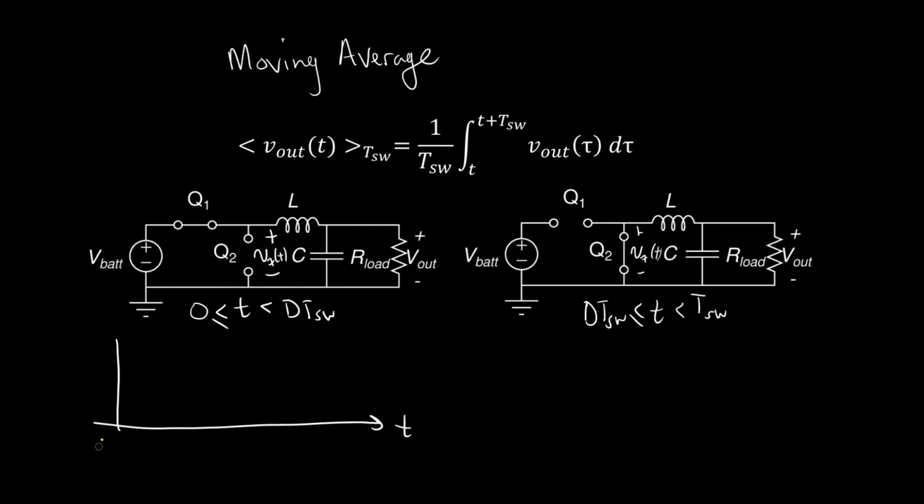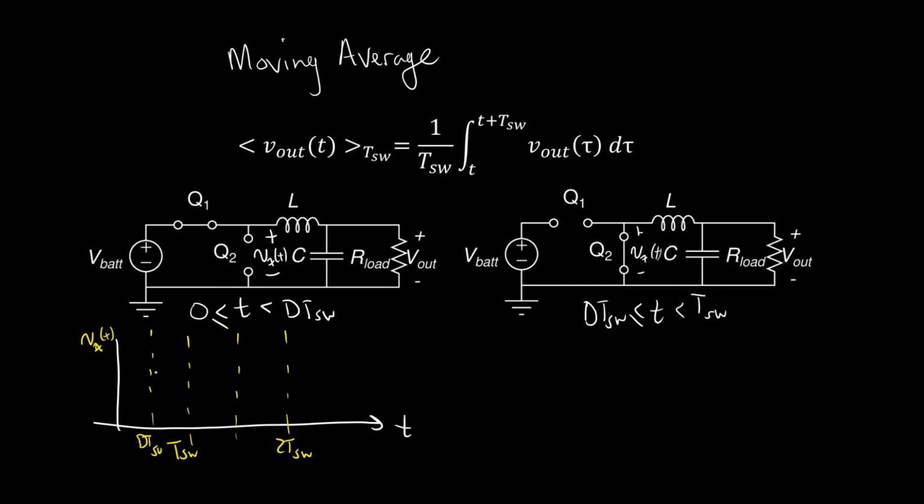Again, we divide time up into switching periods: Tsw, 2Tsw. Within each switching period, we subdivide into two subintervals. The first subinterval is when Q1 is on and Q2 is off. The second subinterval is when Q1 is off and Q2 is on.